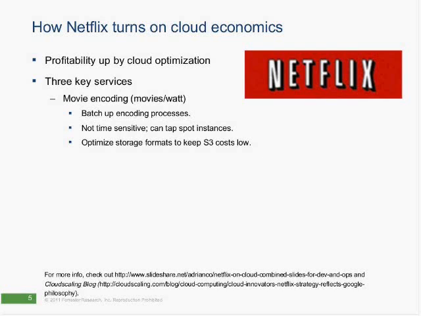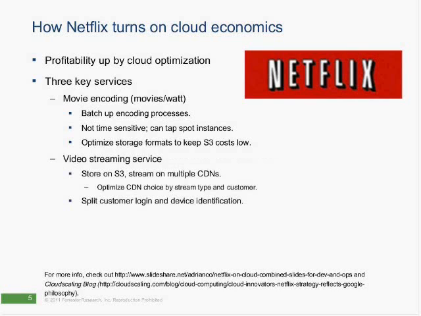On the video streaming service, all the movies are stored in S3 and then passed out to the multiple CDNs. This is a really smart move because CDNs will charge you for the amount of content you want them to hold on to. You can control that cost by not having them store the movie, but having them retrieve it from somewhere else. So this is a good way to control their costs in the CDNs by leveraging cloud as well.